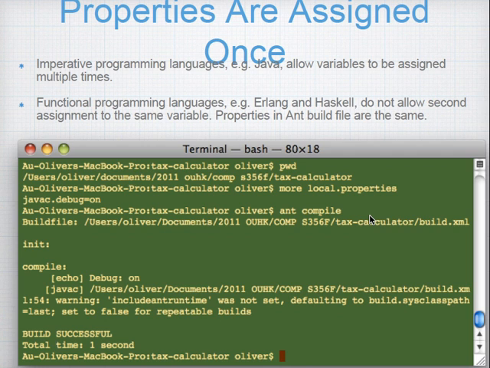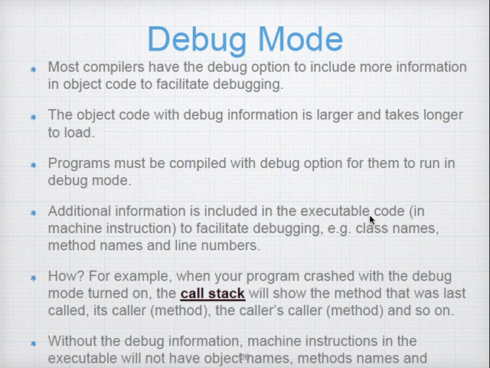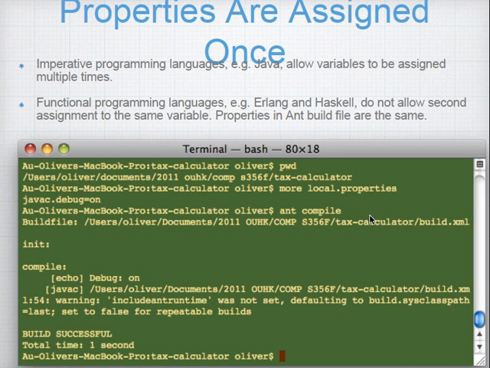Okay, so that brings us to some interesting knowledge that there is one kind of programming language called functional programming language. For example, Erlang and Haskell. Their treatment is they do not allow a variable to be assigned a value a second time.